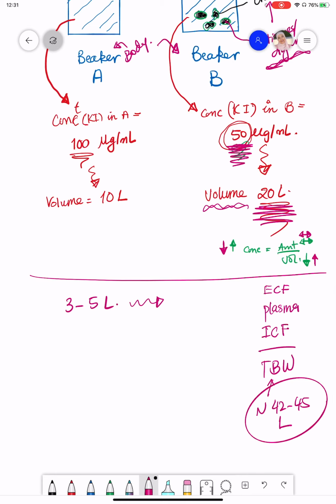Okay. So if we are talking about actual physiological volume, then our volume of distribution, whatever the drug, should have the range between 3 to 5, minimum to maximum 45 liters. But this is not the case in kinetics.